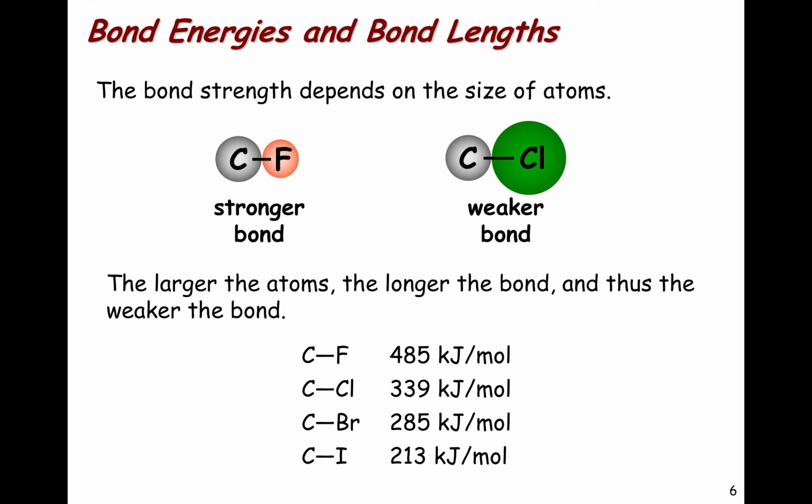It is the highest in terms of bond dissociation energy, whereas then we have the carbon chlorine bond, which is slightly weaker, and then the carbon bromine bond, and then finally the carbon iodine bond, which is the weakest. Even though they all have exactly the same bond order, the distance between those two atoms increases as you go down the group for the halogens, and hence the bond strength weakens.